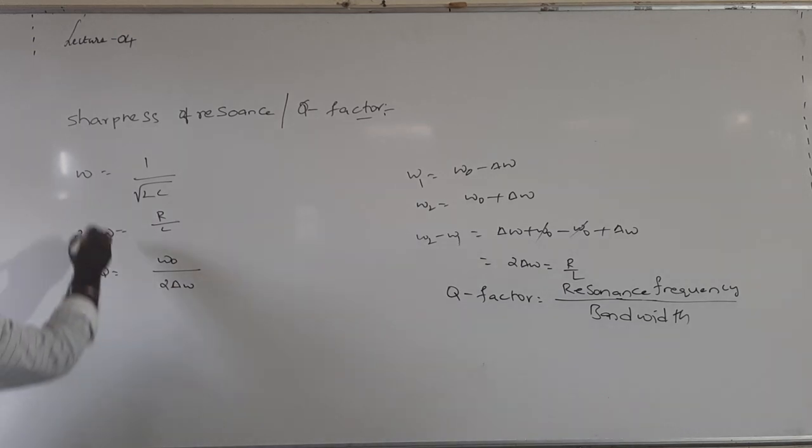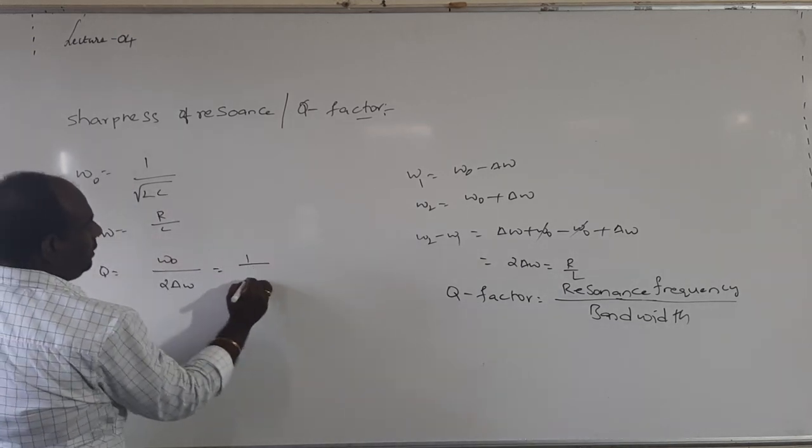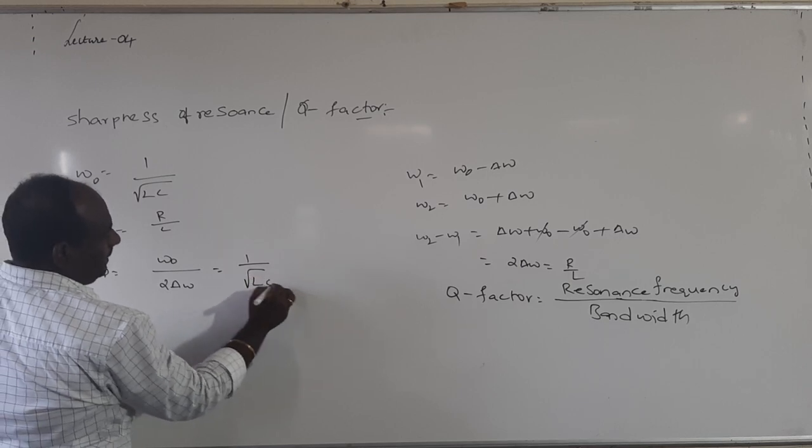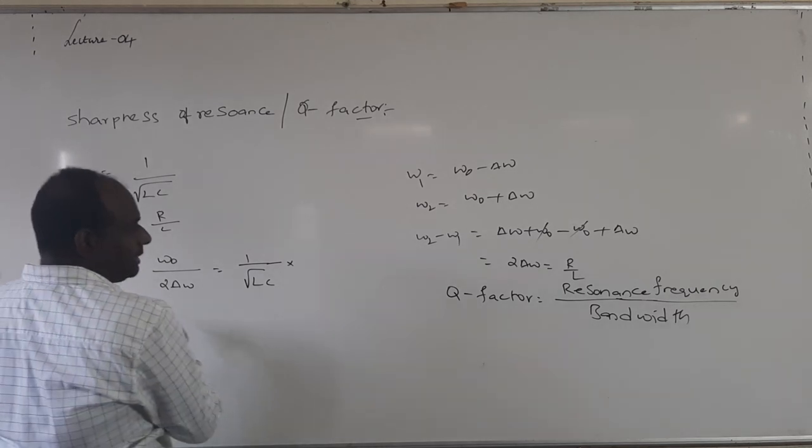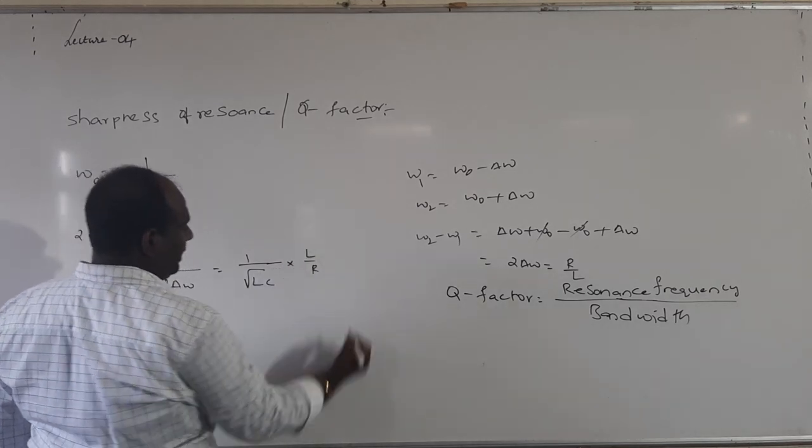Omega naught is equal to 1 by root LC into 1 by 2 delta omega. This becomes reciprocal, L by R we are getting.